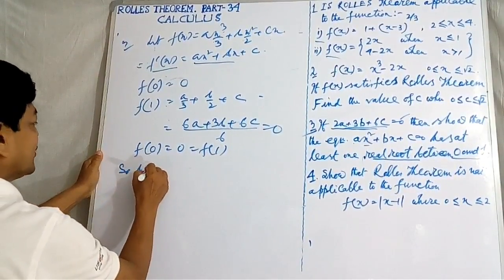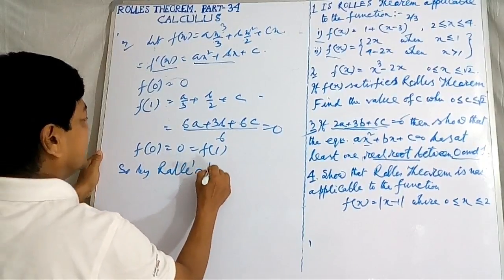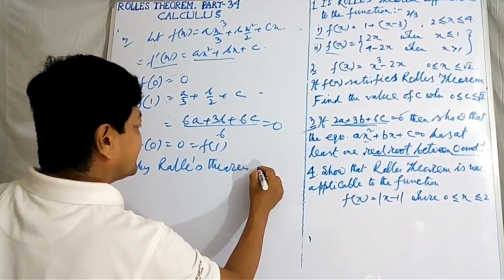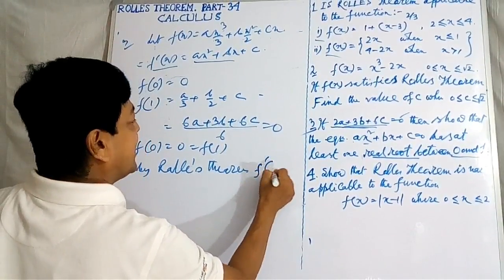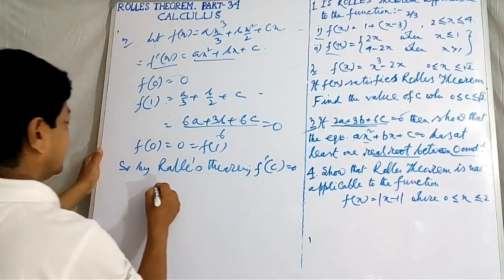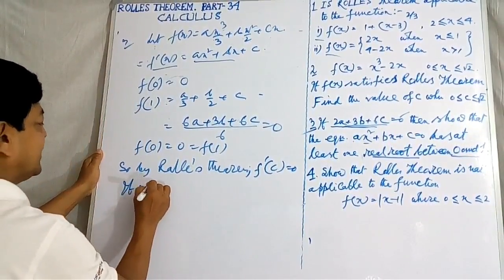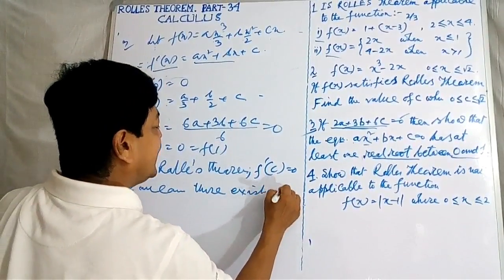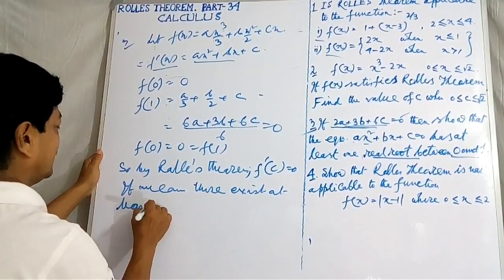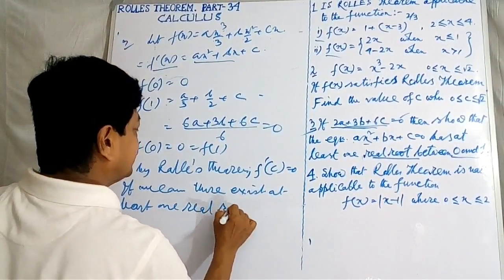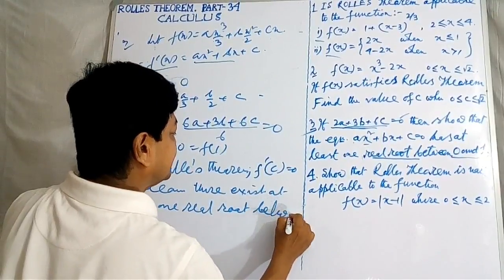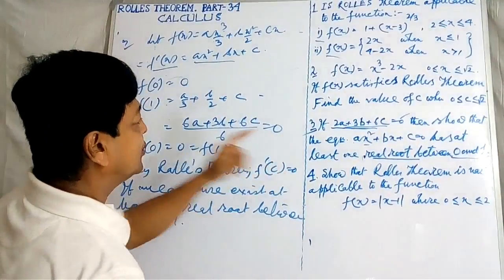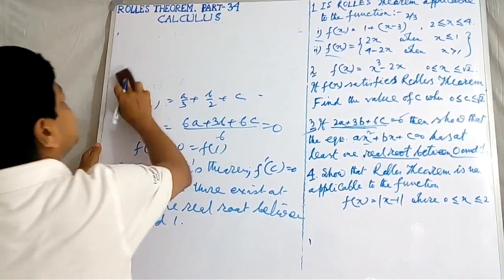So by Rolle's theorem, there exists at least one value c between 0 and 1 such that f'(c) equals 0. It means there exists at least one real root between 0 and 1. Okay, so this one is complete.